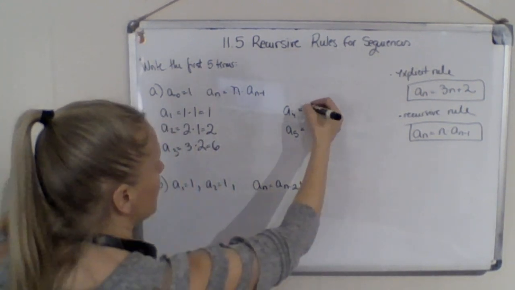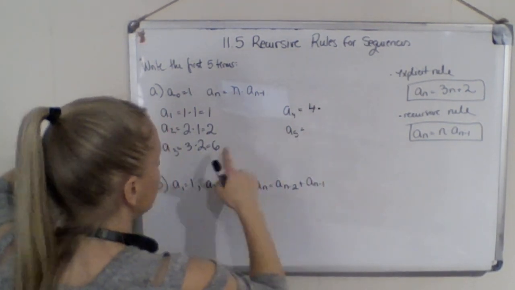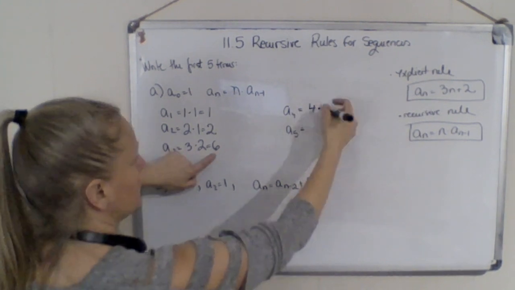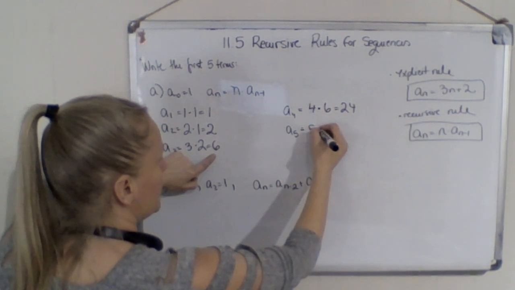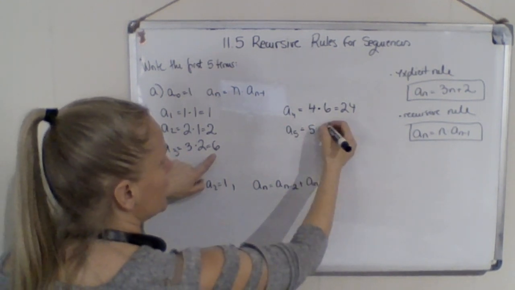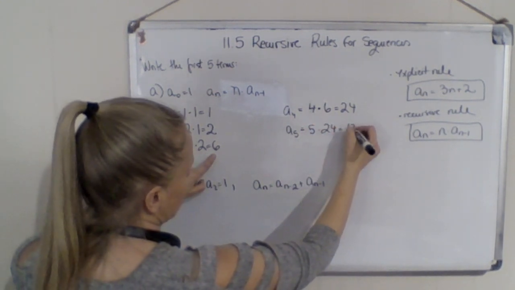Let's move on to a4. This is 4 times the value of the number in front of this one, 6, 24, and then this becomes 5 times the value of the number in front of this one, 24, 120, right?